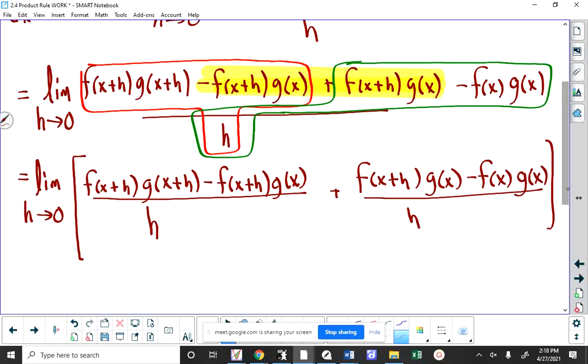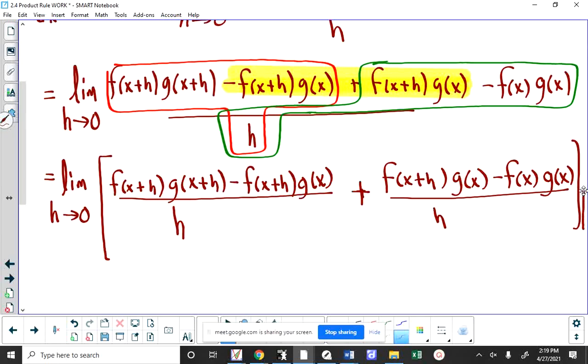One of the properties of limits that we learned is that the limit of a sum is the sum of the limits, which means I can take the limit of this piece and add the limit of the second piece. What does that give me?